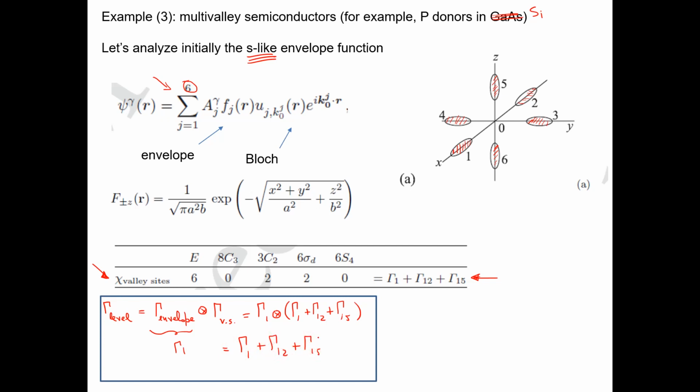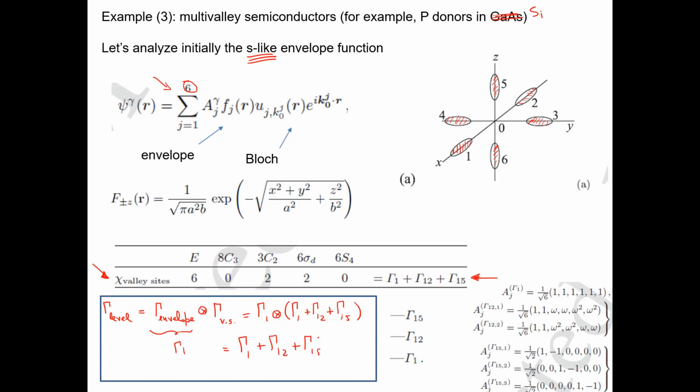So the level that I had initially, sixfold degenerate, will break into a non-degenerate level, usually the ground state, a twofold degenerate, and a threefold degenerate level. So this is how the ground state manifold of phosphorus donors in silicon looks like.